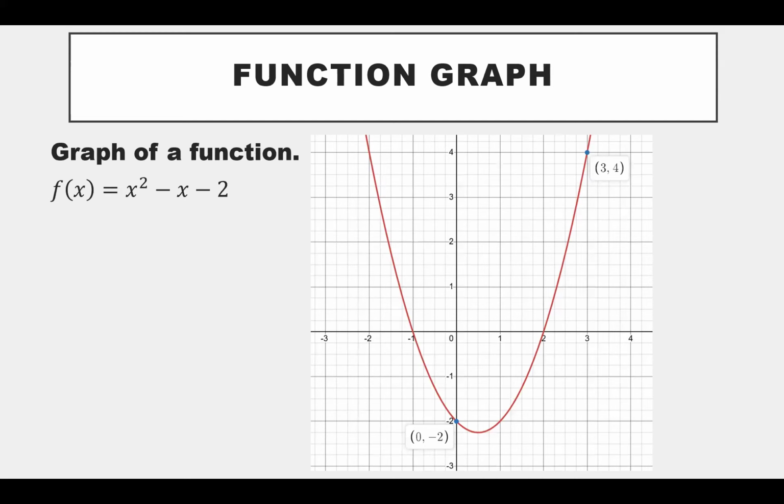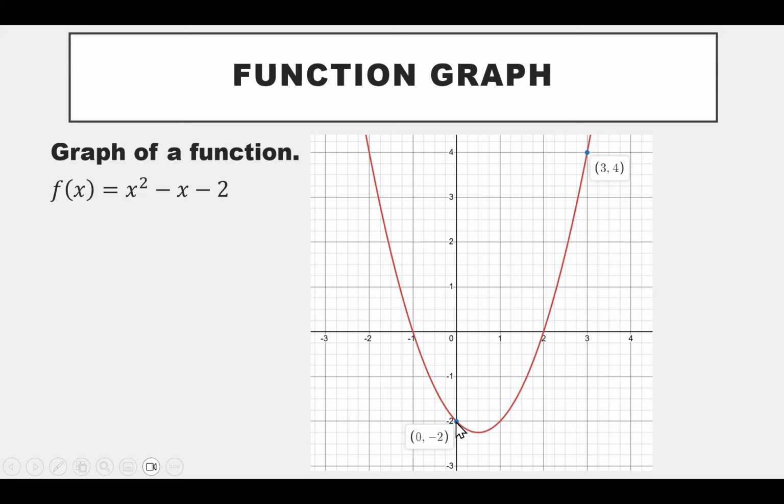For instance, we might want to find the average rate of change of this function from the point 0, -2 to the point 3, 4. These are two different points that the function passes through.